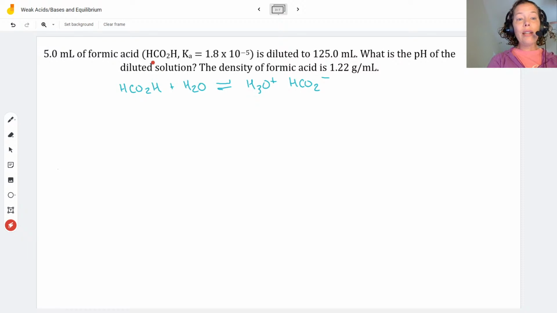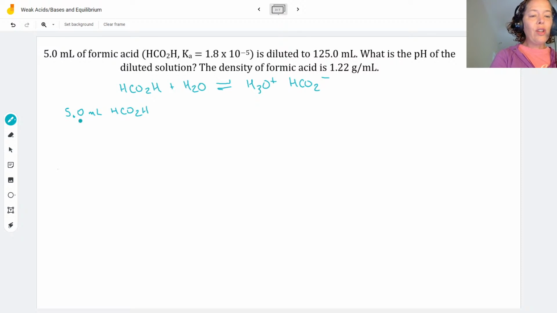So if I want concentration of formic acid, I'm keeping in mind that I want moles of formic acid over liters of solution. But that's not what I'm starting with, because I wasn't given that. So I'm starting with 5 milliliters of formic acid.